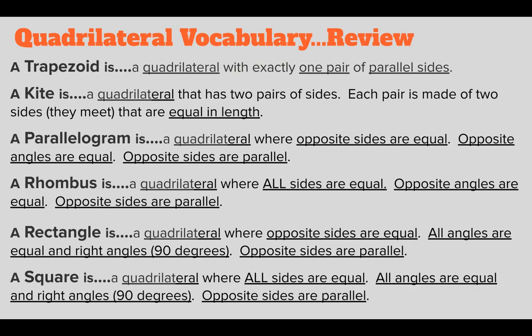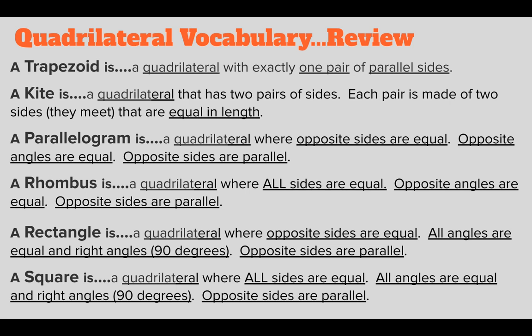All right, I know that was a lot, but it's something that you just have to remember for this unit of geometry. So below, I put the definitions again for each of the quadrilaterals that you are required to know. So you may go ahead and pause this video and write down these definitions. It is important that you know them.